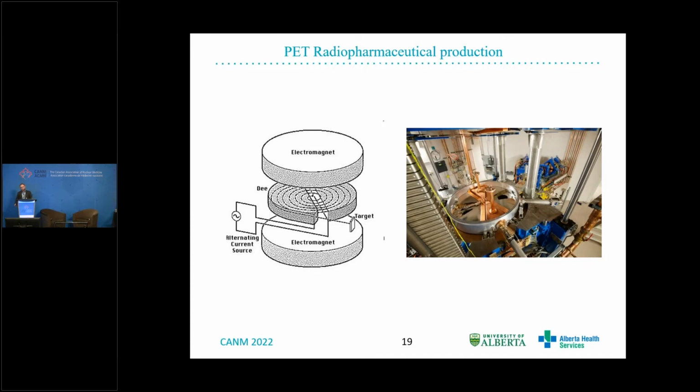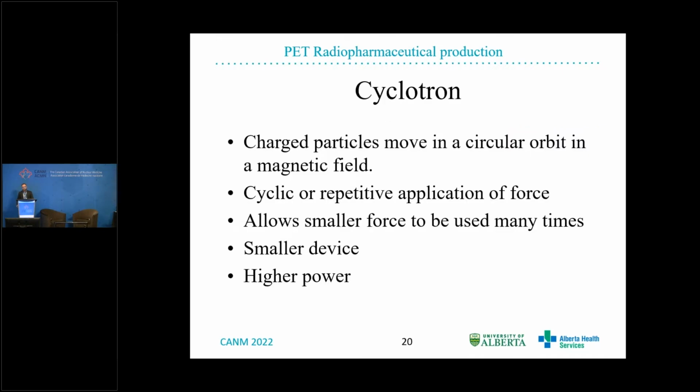So this is basically what a cyclotron is. It's a big magnet, and you have an alternating current. So the particles move in a circular orbit in the magnetic field, and this means that a smaller force can be used many times to get a high power machine.